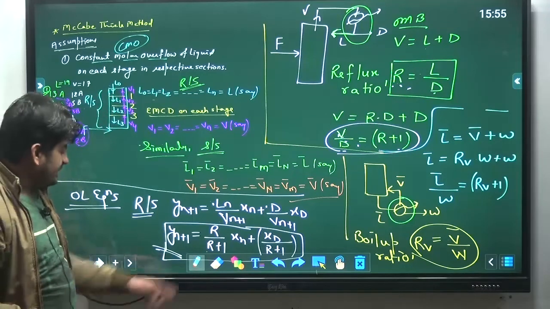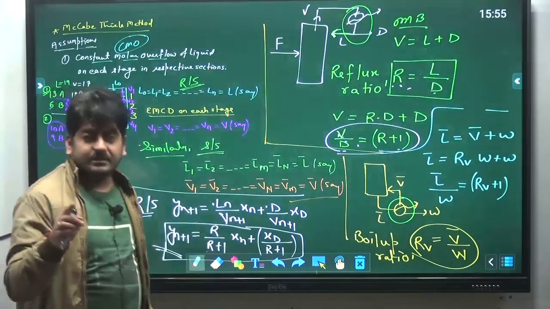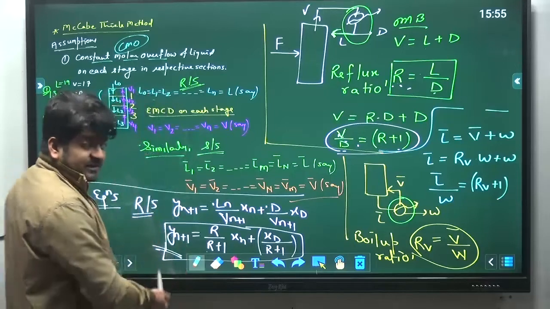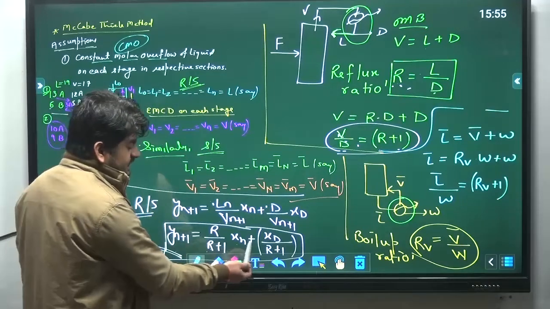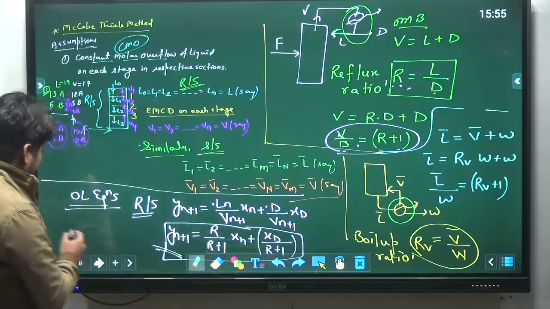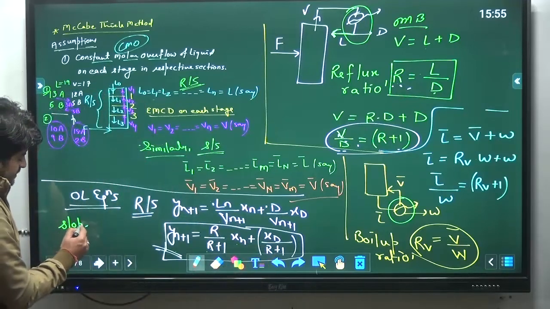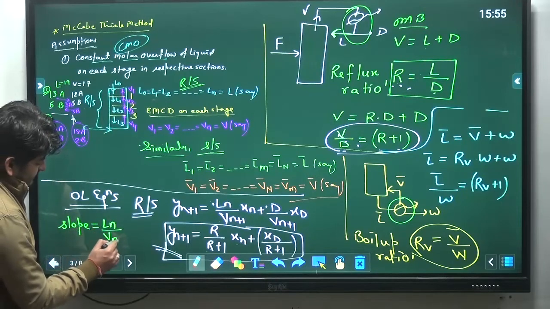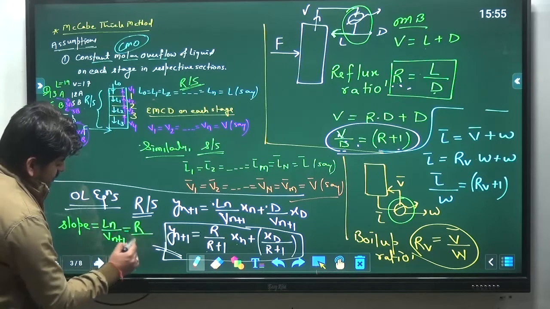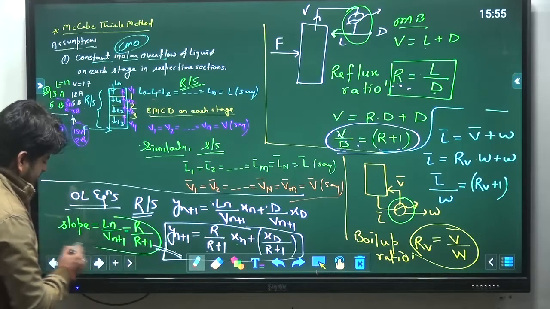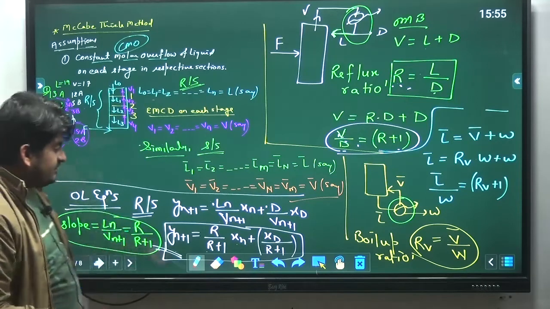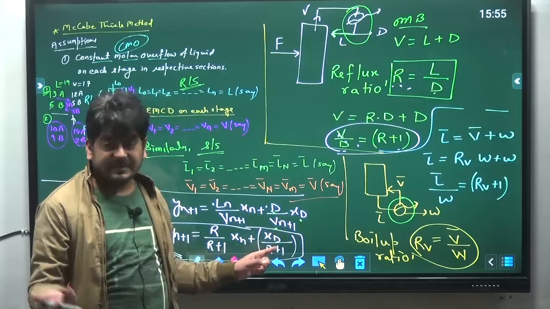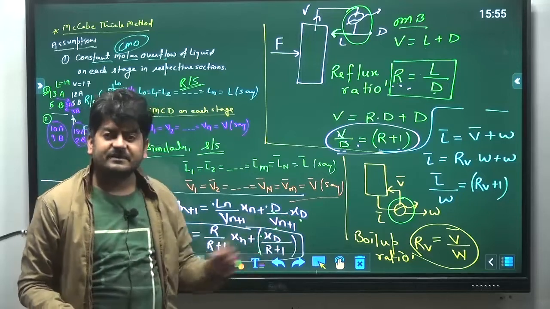So one important point is, as per the McCabe method, this is a straight line equation in the form of y equal to mx plus c. So the slope of operating line, which was Ln upon Vn plus 1, will be equal to R upon R plus 1. And the intercept, which was D xD upon Vn plus 1, will be equal to xD upon R plus 1.